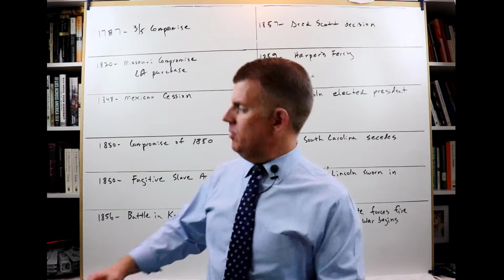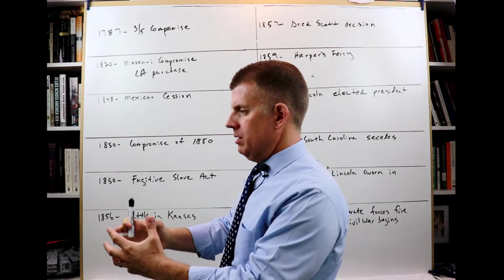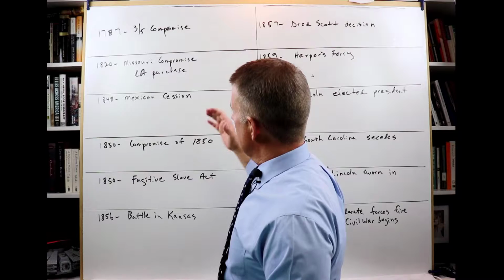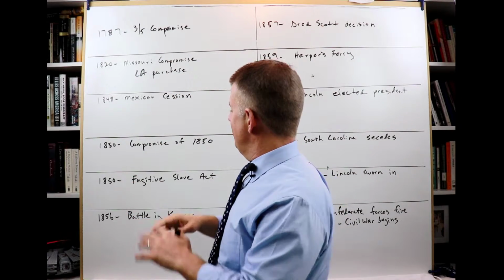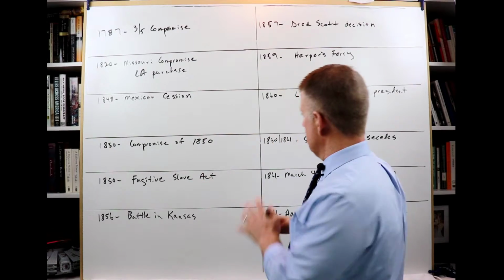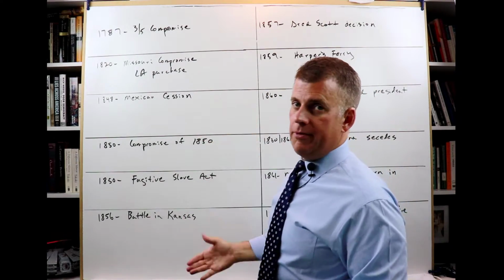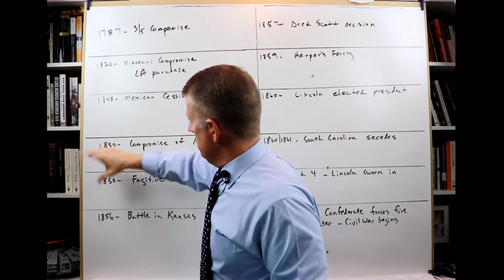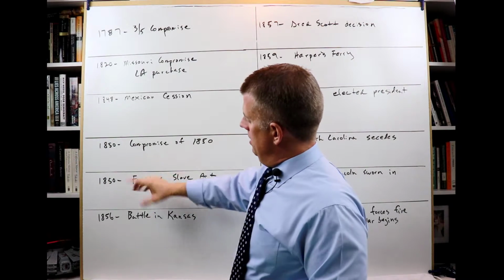It's similar. Another compromise as the country is growing, okay? And this is the theme here that I want you to know. As the country grows, it gets bigger. Missouri Compromise, the Louisiana Purchase, the country's getting bigger. Got to decide, are the territories going to be free or are they going to be slave? As the country gets bigger with Mexican Secession, get a lot of new land over here, more land.